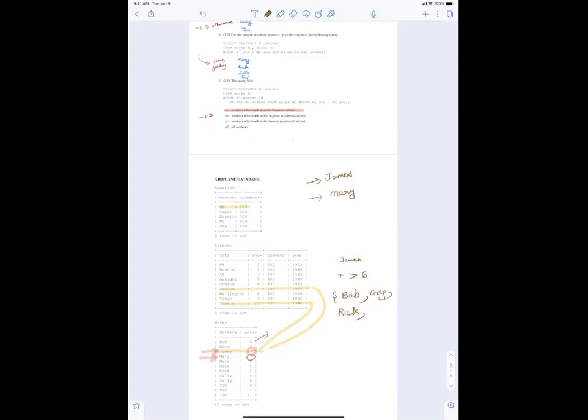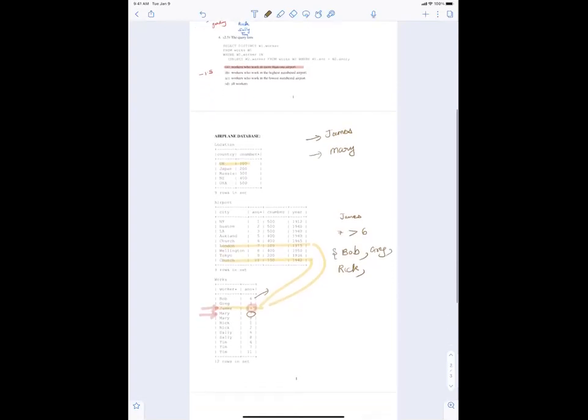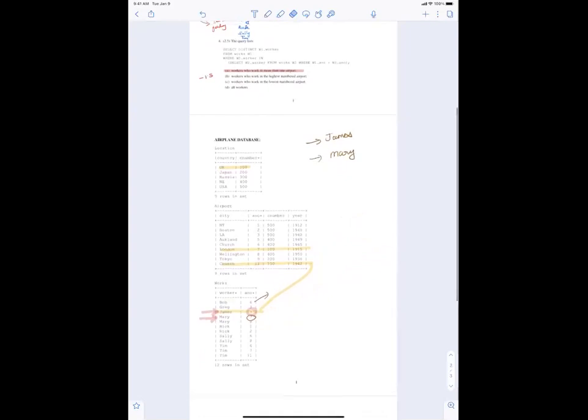No, see, let's take James. It will not be all workers, by the way. But there's someone that has a higher A number than James, so James would end up being listed. No, you have this match condition where w1.worker and w1.a number.